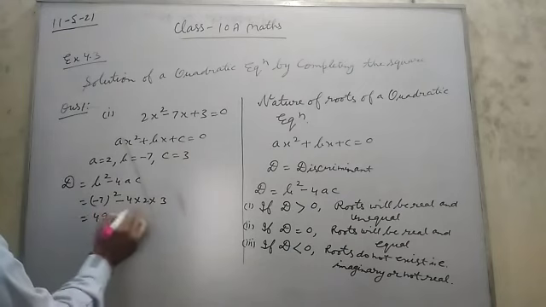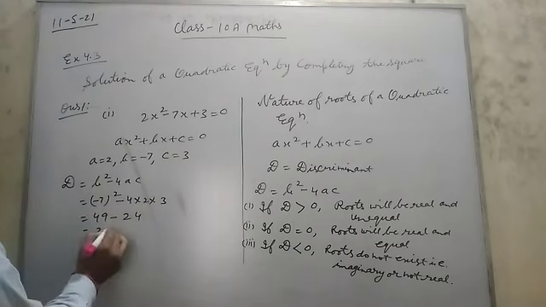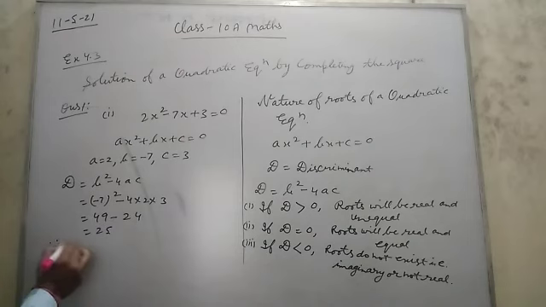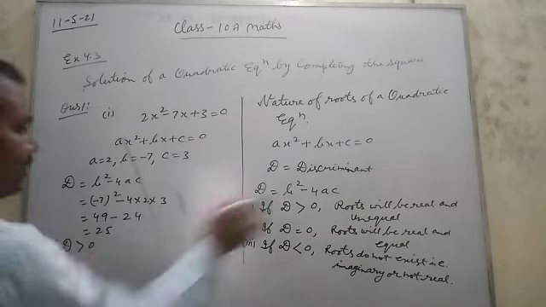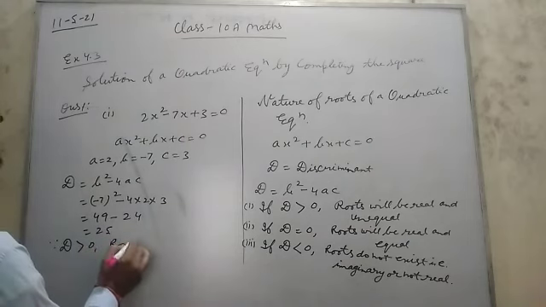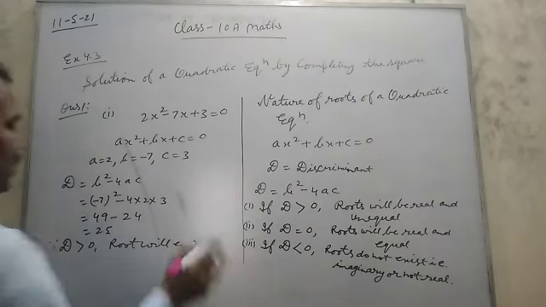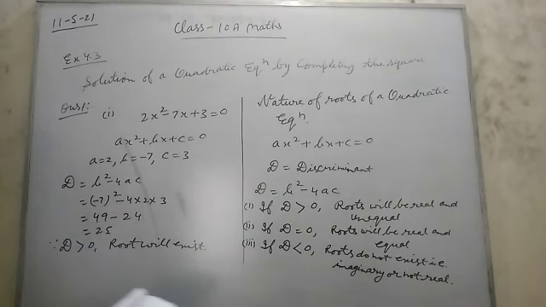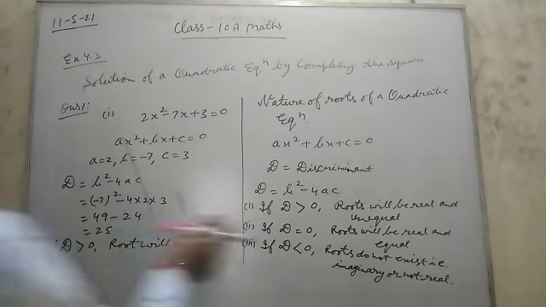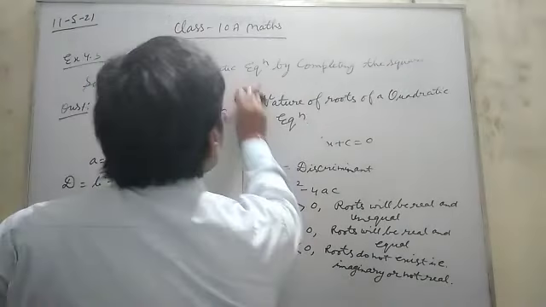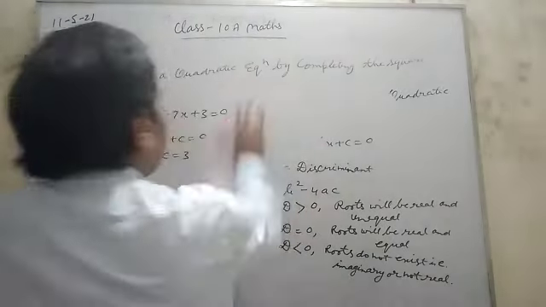So 49 minus 24 is 25. So since D is greater than 0, first condition, roots will exist. Here it says that if they exist, find the roots by the method of completing the square. So after that you find the roots by the completing the square method.